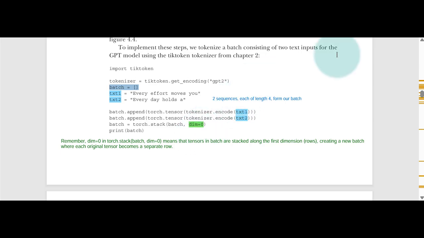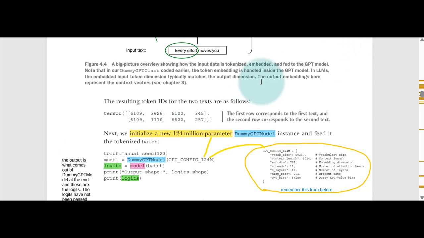So we didn't create one row with 8 columns; here we have 2 rows with 4 columns. That's what happens when we use dim equals 0. If we had dim equals 1, I believe we would have 1 row but 8 columns.